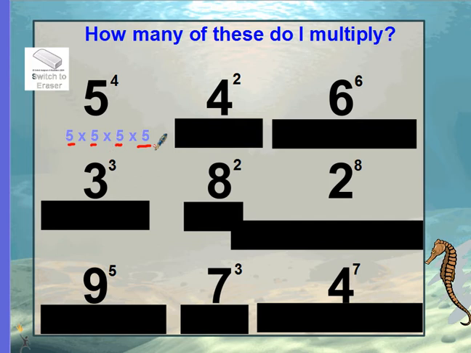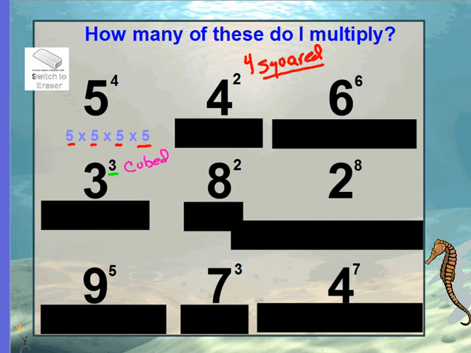This one here is 4 to the power of 2, or we can also say this is 4 squared. With a little 2, we can call that squared. With a 3 here, we can call that cubed, C-U-B-E-D, so it's 3 to the power of 3 or 3 cubed.